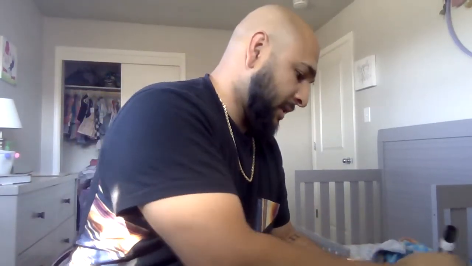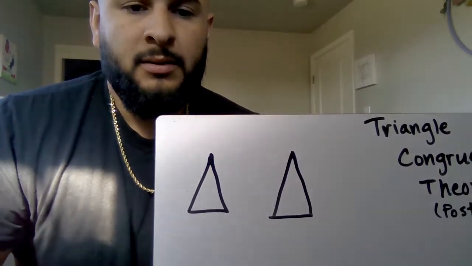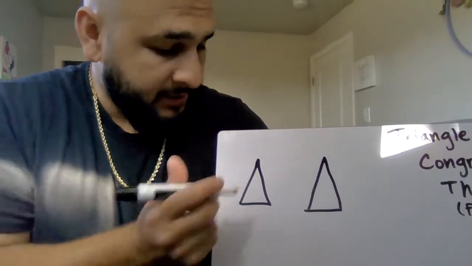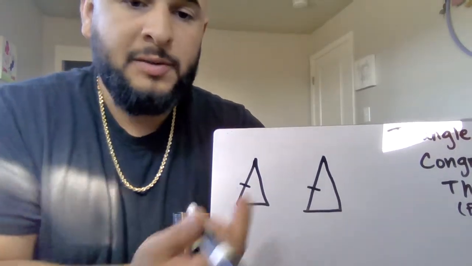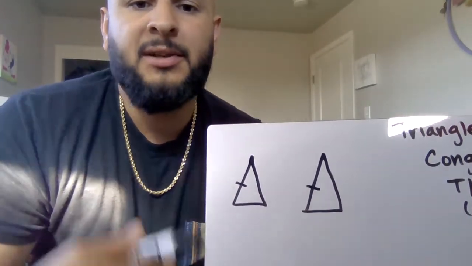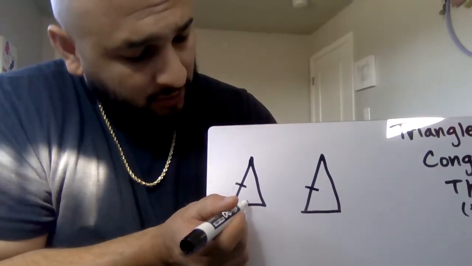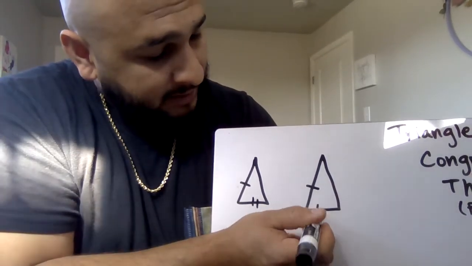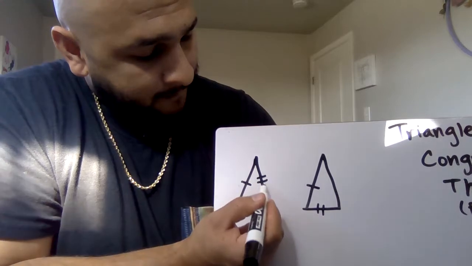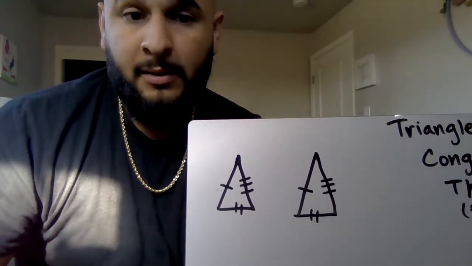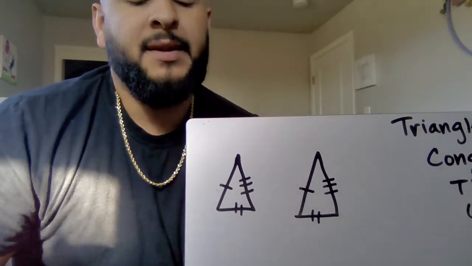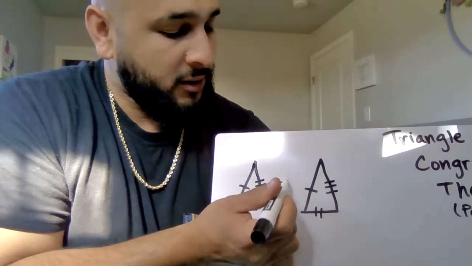So let's say once again I have two triangles. There's another theorem that says if you can tell me that all of their corresponding sides, corresponding means they're in the same place, if all three of their corresponding sides are congruent, meaning the same size, then these two triangles are also congruent.